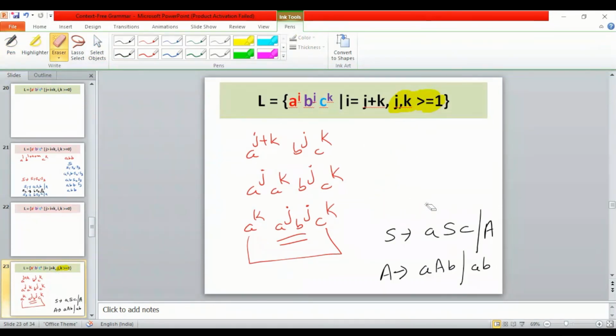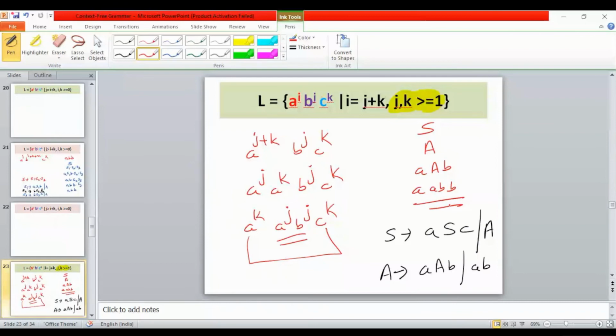So now the only problem here is if I consider this grammar, then from S I can directly go with non-terminal A. This I can replace with AB. Then again I will replace with AB. So it is generating a pattern AABB, because the rule is that J and K both must be greater than or equal to 1.